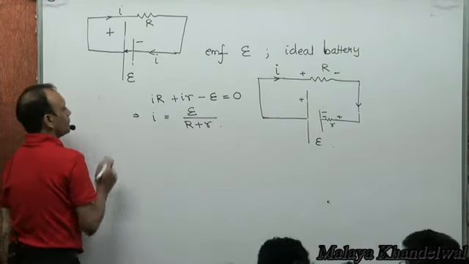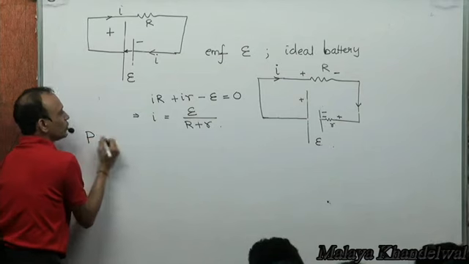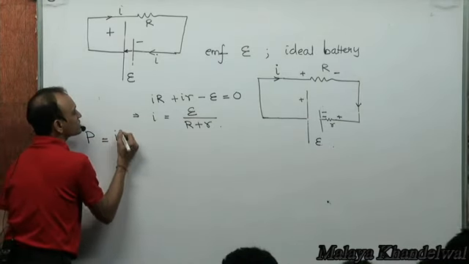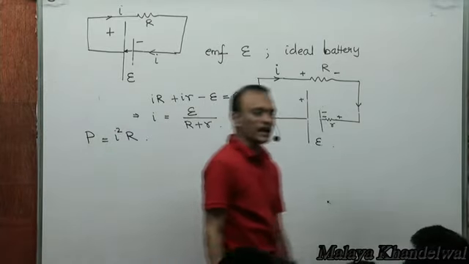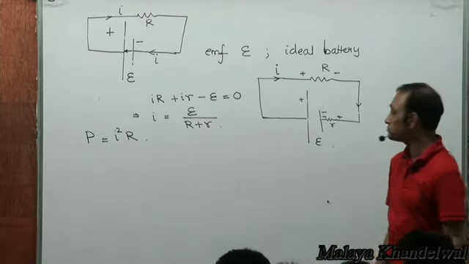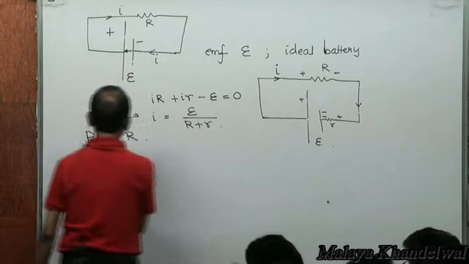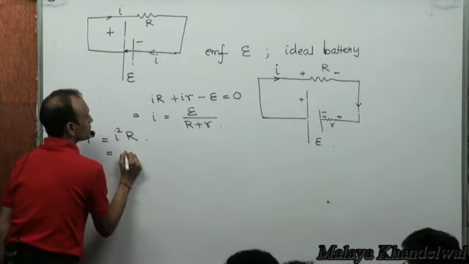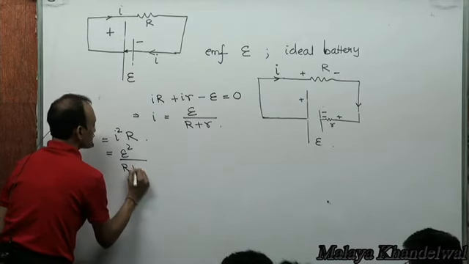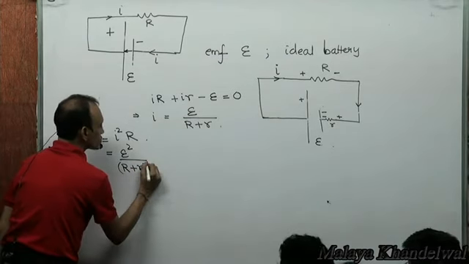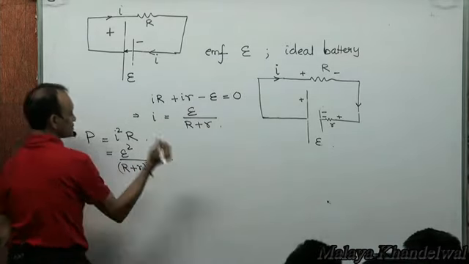The power associated with the load, like I said, is going to be I squared capital R, which is epsilon squared by (R plus small r) whole squared into capital R. Yes or no?